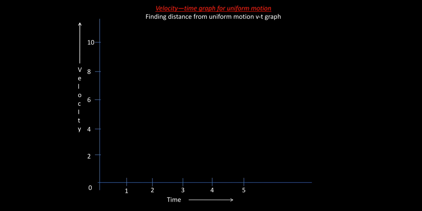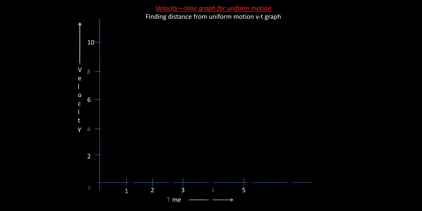Now so far what we have done is distance time graph. Now let's say we have to draw velocity time graph for uniform motion. That means instead of writing distance on the y-axis, you have to represent velocity there. So let's say this is my graph where I have time on the x-axis, same as before, but on the y-axis instead of distance I have velocity.